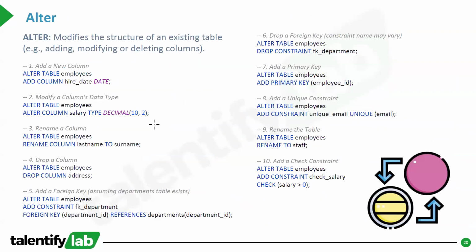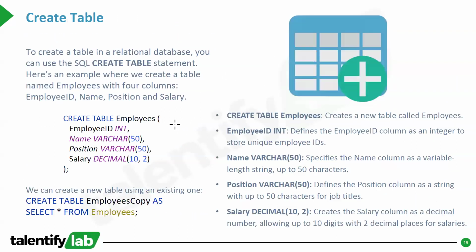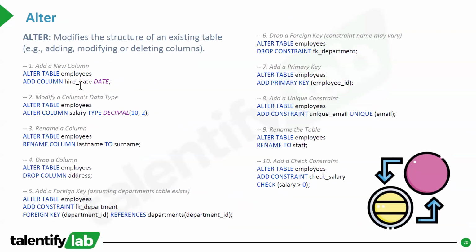We will do that in data manipulation, but for data definition, we create table, alter table, add column. Then we can change that column's data type, rename the column, drop the column, or add a foreign key.